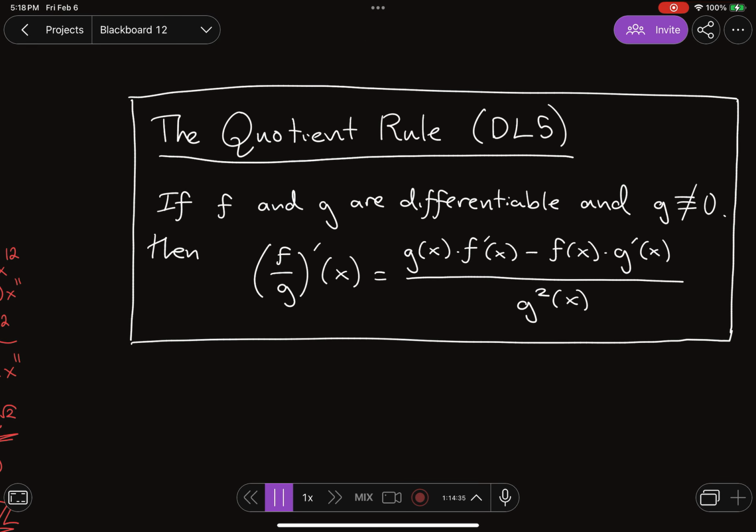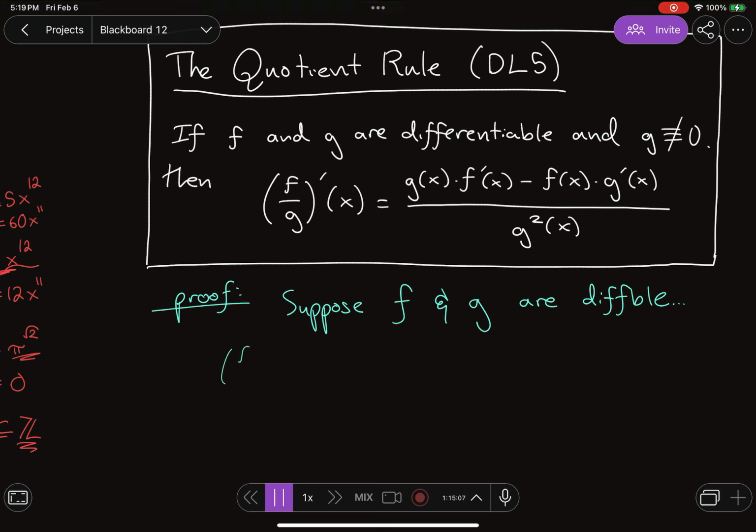Proof. Let's assume f and g are differentiable. And we're also assuming that g is not identically 0. Then what the heck object must this be?